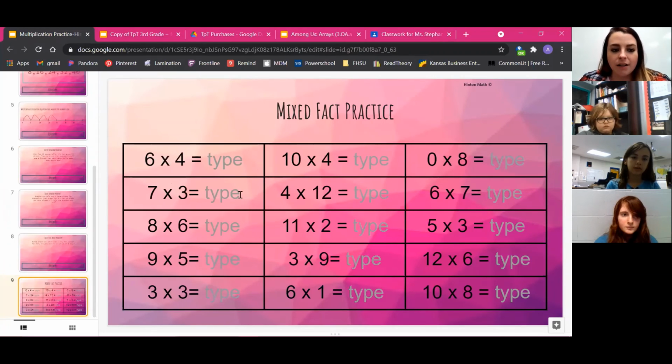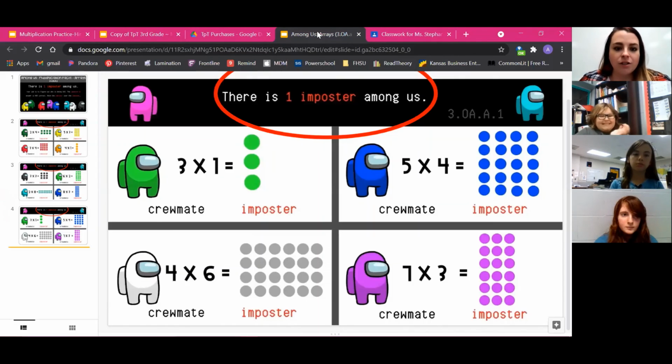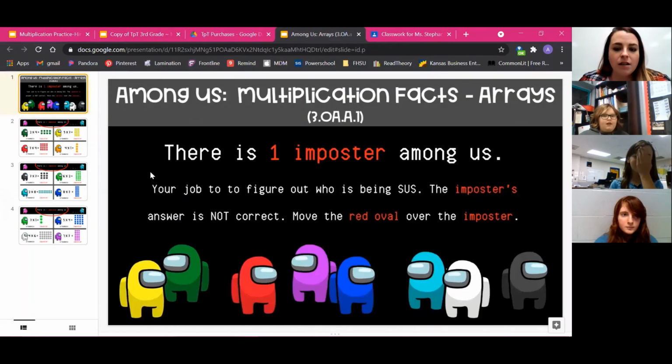Once you get that done, you're going to turn it in, and then there is a fun little game in your Google Classroom. It's called Among Us Arrays. So there's one imposter among us. Your job is to figure out who is being sus. The imposter's answer is not correct.